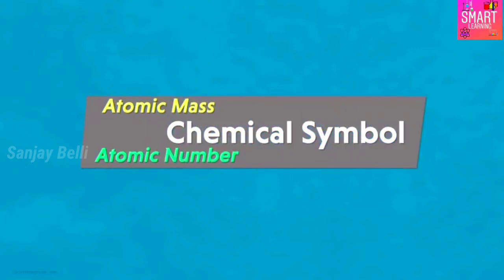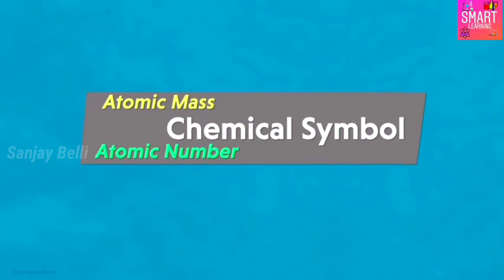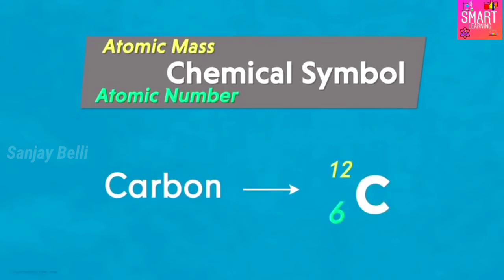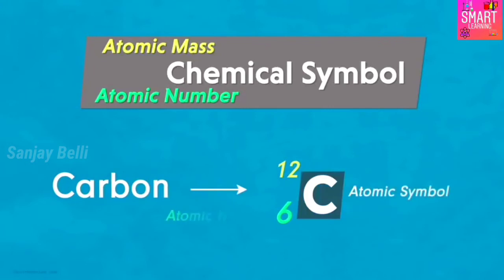Now, how do we represent a simple element like carbon? That's right, something like this. The atomic symbol, that is C, followed by atomic number 6 and atomic mass 12 at the respective places.